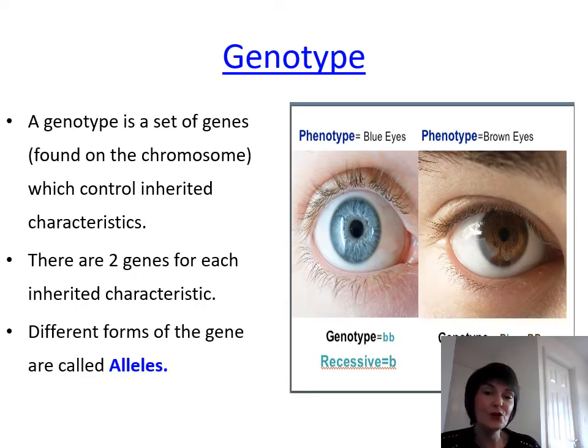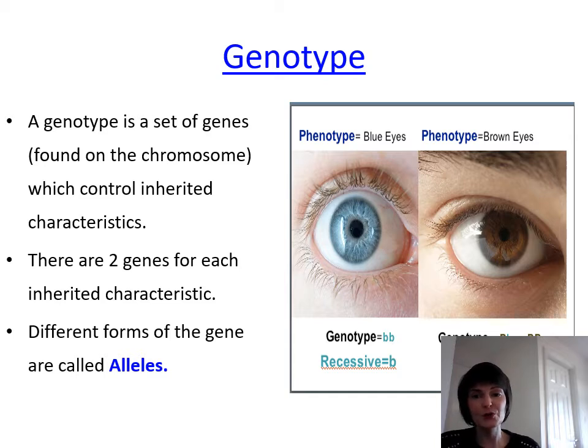Okay, we're going to move on now and talk about genotype. Genotype and phenotype sound very similar, but they are very different in terms of their definitions. A genotype is a set of genes found on the chromosome which control an inherited characteristic. Bear in mind there are two genes for each inherited characteristic, one from the male and one from the female.